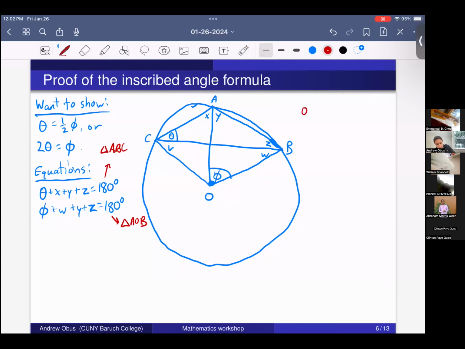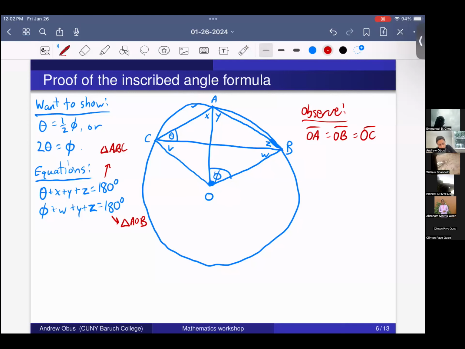So I'm just going to observe over here that the length of OA is equal to the length of OB, and that's equal to the length of OC as well. They're all the same. So that means that we have a lot of isosceles triangles here, right? We have AOB is isosceles, and AOC is isosceles, and BOC is also isosceles.